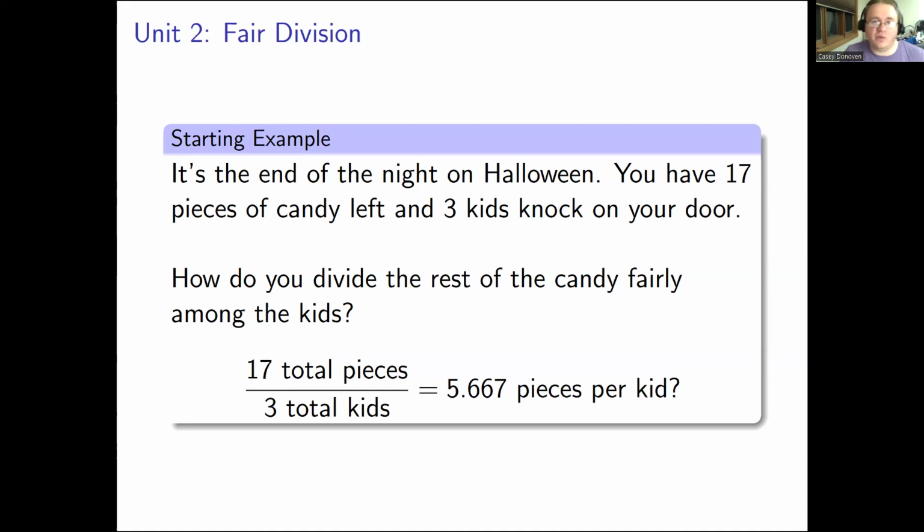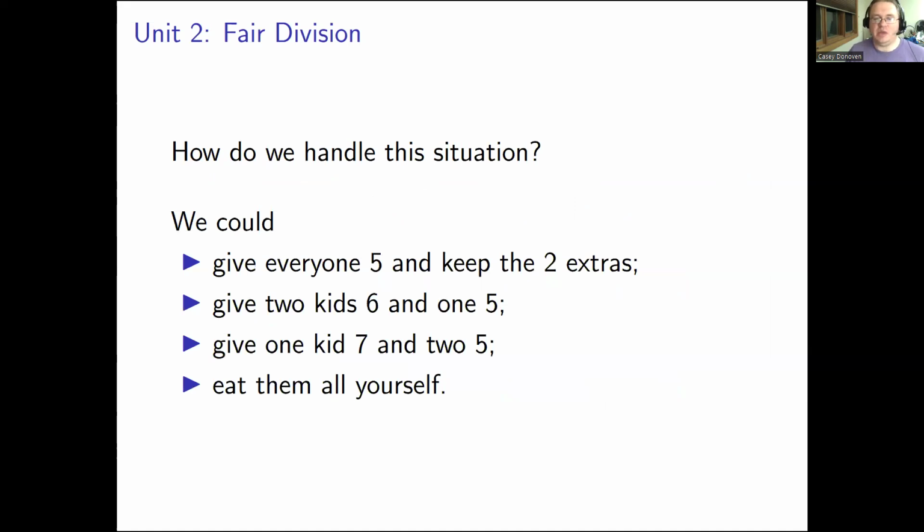There are a few different approaches that we could take. We could give each of the kids 5 pieces of candy, and then we just have 2 left over. So then the question is, what do we do with those 2? We could try to keep those 2 extra for ourselves. If we don't want them, if we have to get rid of them, we could give 2 of the kids 6 and 1 gets 5.